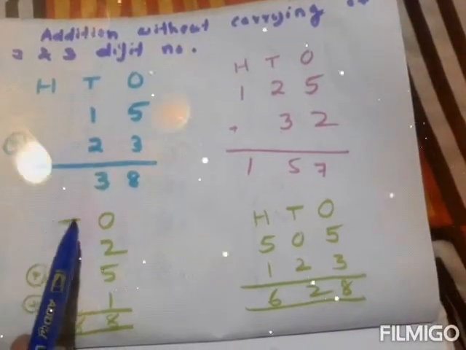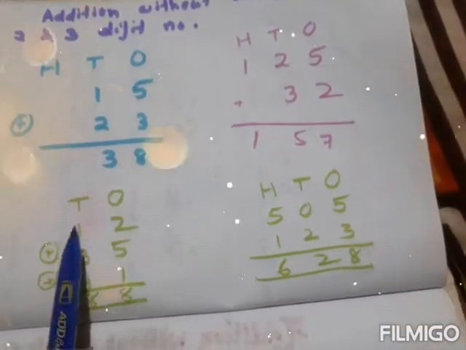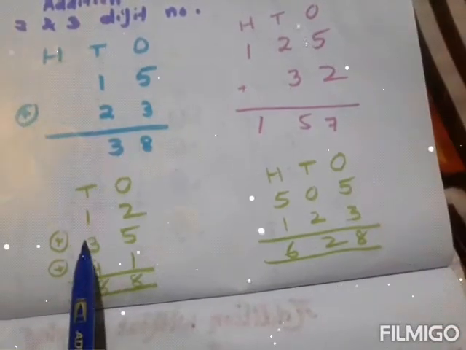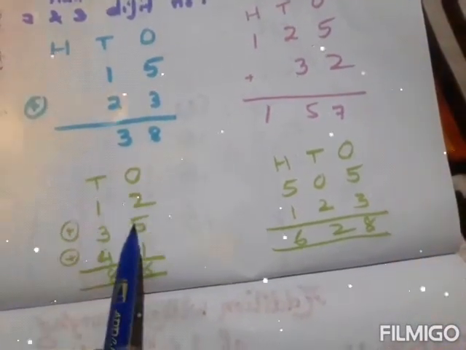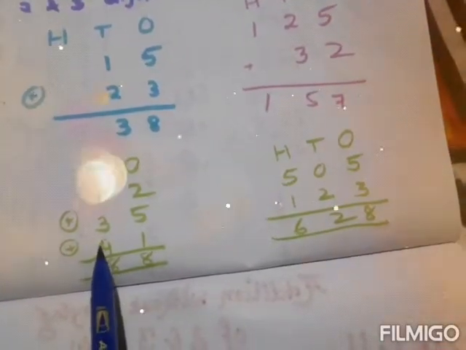I will write T and O. Under T and O I will write 1 tens, 2 ones, that is 12. Then 35: 3 under tens and 5 under ones. Finally 41 is given to you, so 4 under tens and 1 under ones.